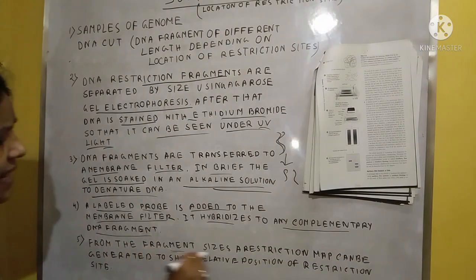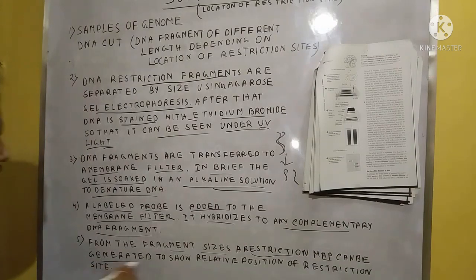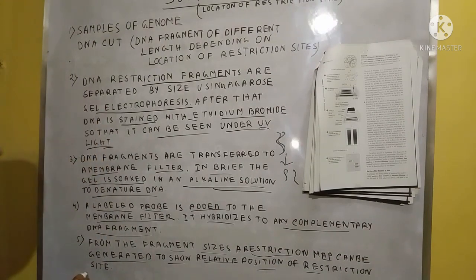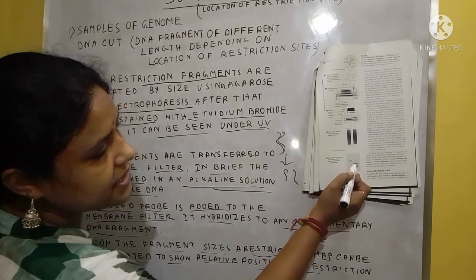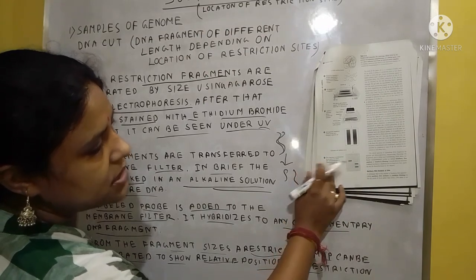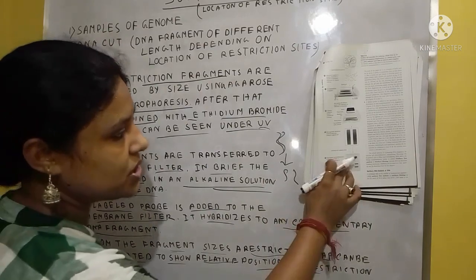From the fragment sizes, a restriction map can be generated to show the relative positions of the restriction sites. So you can see here the three identified places, by which we identify the restriction sites of the unlabeled DNA fragments.